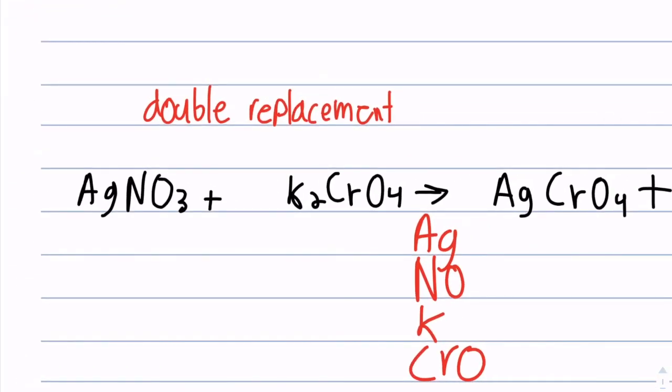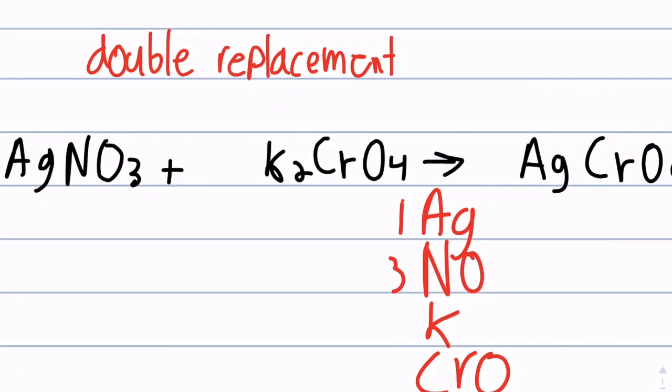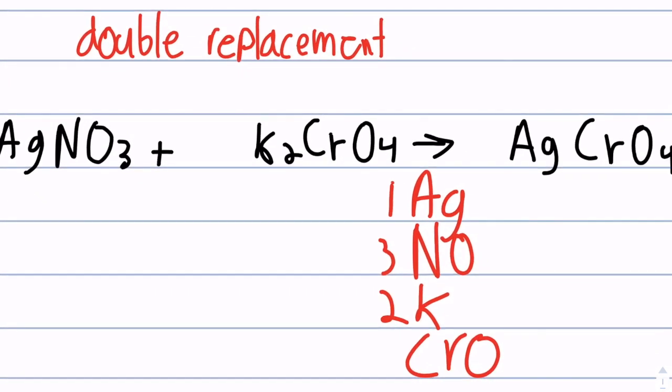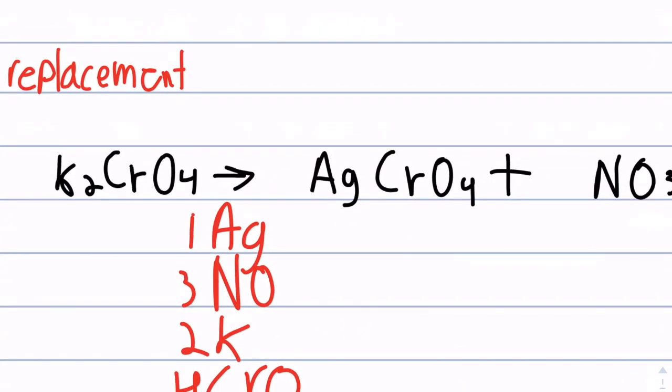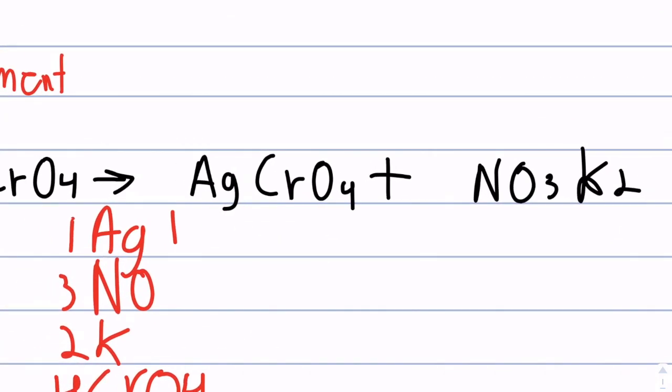Then just list how many you have on each side. Ag is 1, NO is 3, K is 2, CrO is 4. On the right side, Ag is 1, CrO4 is 4, and then NO3 is 3 again, and K2 is 2.